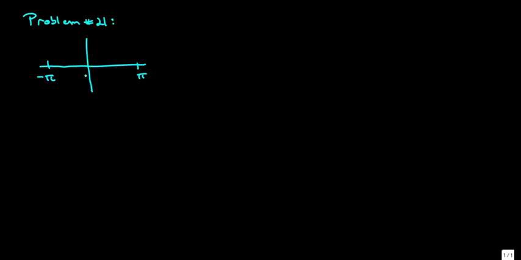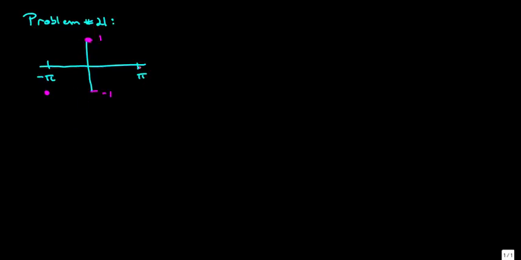So let's pick some values. We know at negative pi, the cosine value is negative 1. So this is negative 1, this is positive 1. We know that at 0, the cosine value is going to be up at positive 1.